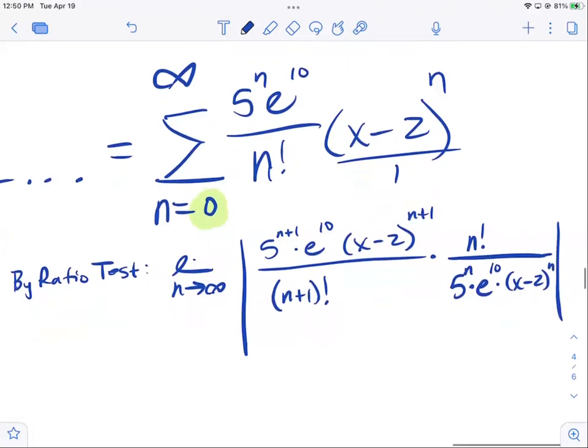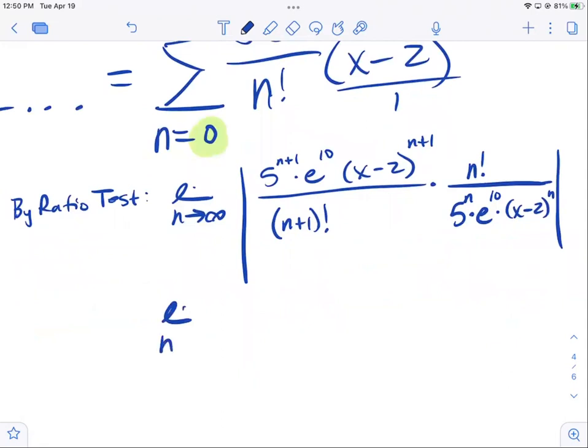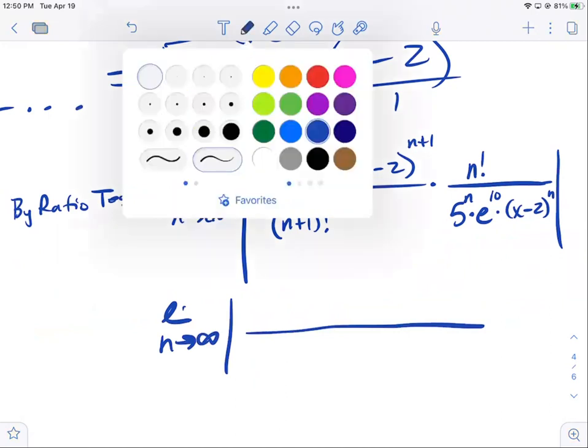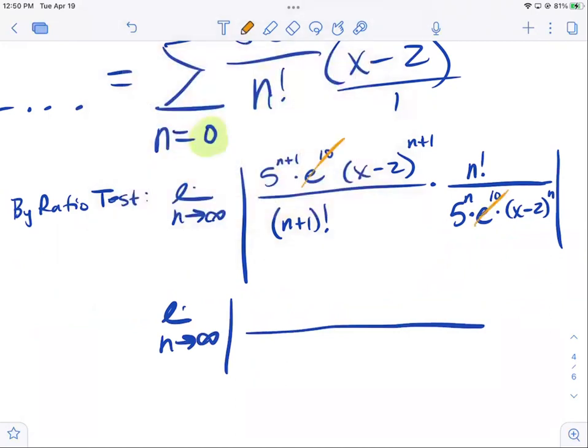If this showed up on a free response, that would probably be part B. Part A would be generate the first four non-zero terms and the general term. Part B would be find the radius of convergence. All right, working straight down, time to simplify. I do notice my e to the 10th divide out. Boom, boom, that's good.